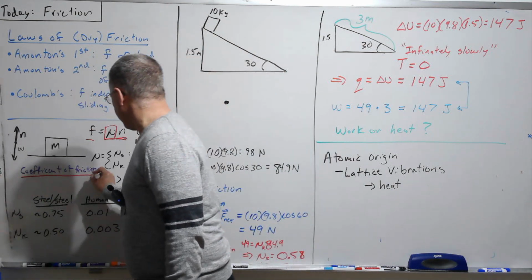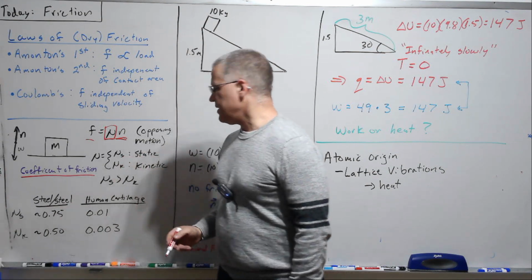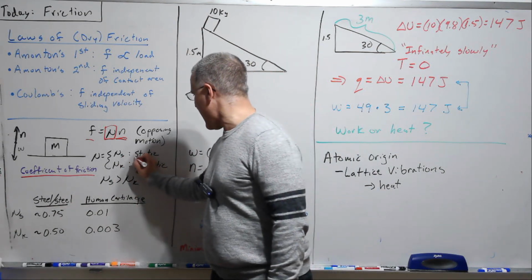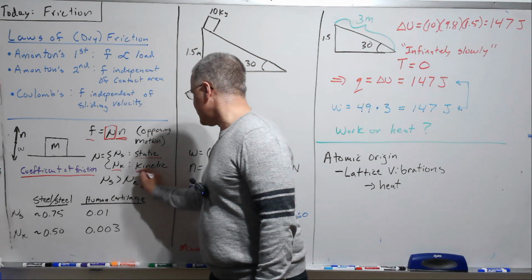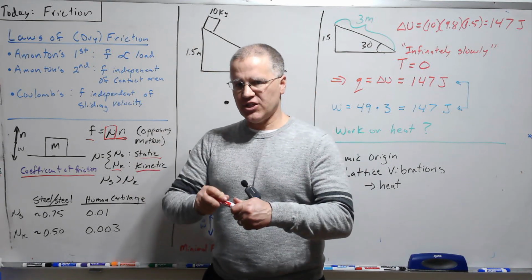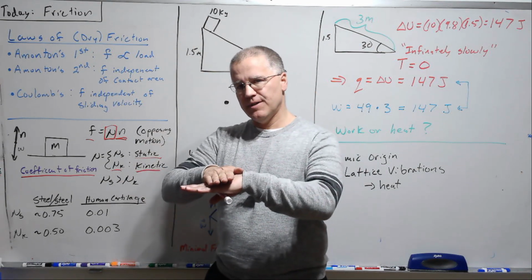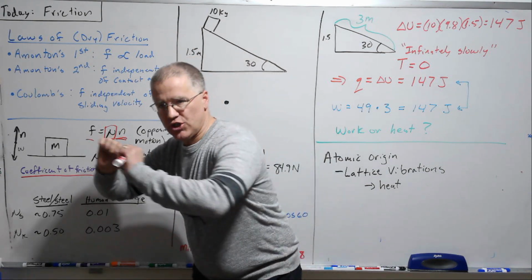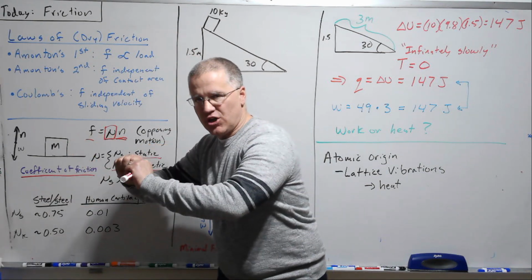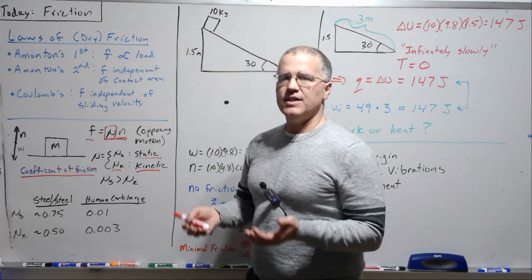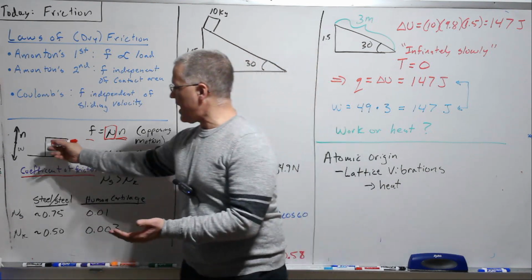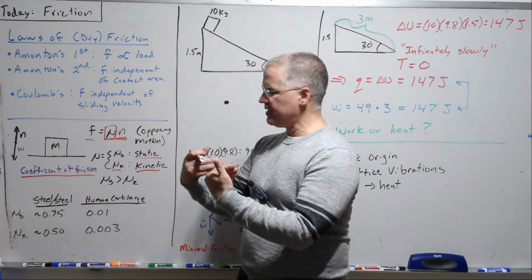So now the coefficient of friction comes in two forms. Mu s, that's a static friction, and mu k, which is the kinetic friction. So static friction is when there's no motion. So if we were to push on this box, but not push hard enough for it to move, then the box would be pushing back on us, right?